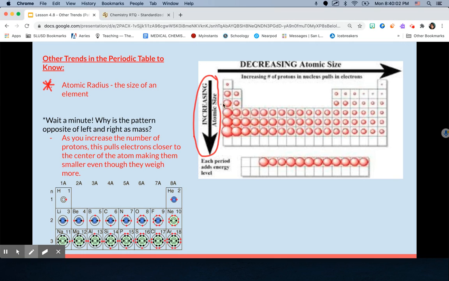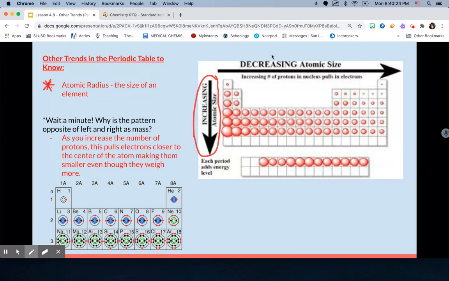This makes sense, right? Because every single time you go down a period, the atom increases a ring of electrons. Here I have one ring of electrons in period one. In period two, or row two, I have two rings. Period three has three rings, and so on and so forth.